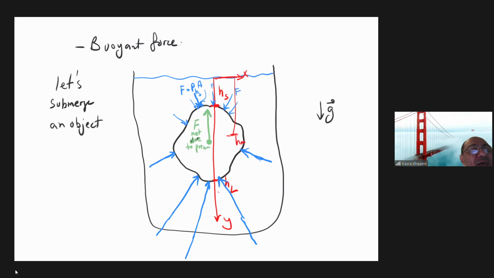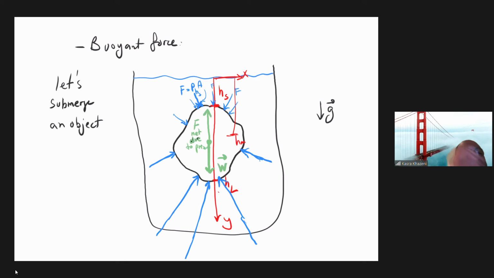But at the same time, because this is done on the object, the center of mass, there is another force, that's the weight of the object itself. The weight of the object wants to pull the object down, and this weird force that is induced by the pressure of the liquid wants to push it up.